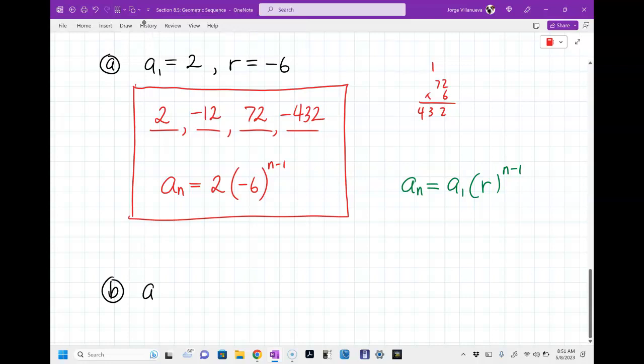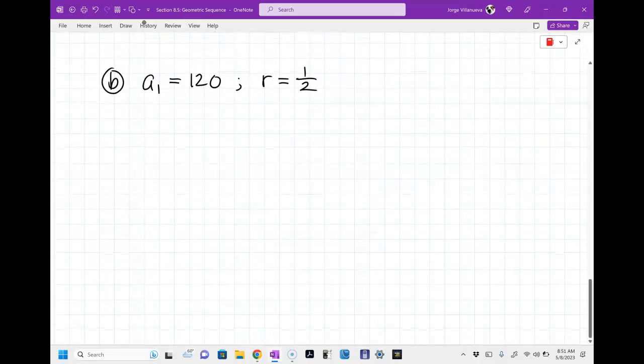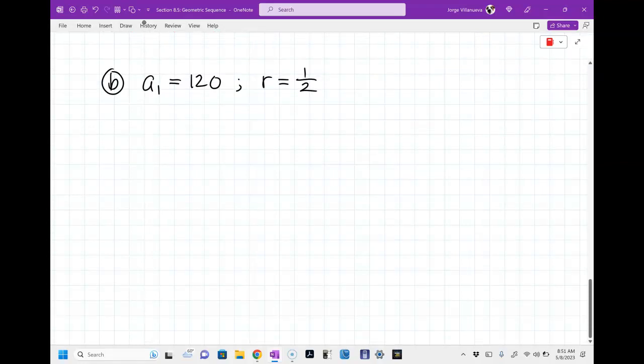So we'll say a sub 1 is 120 and r is half. I want you guys to see one with a fraction. They don't always give you fraction r values, but they do exist.